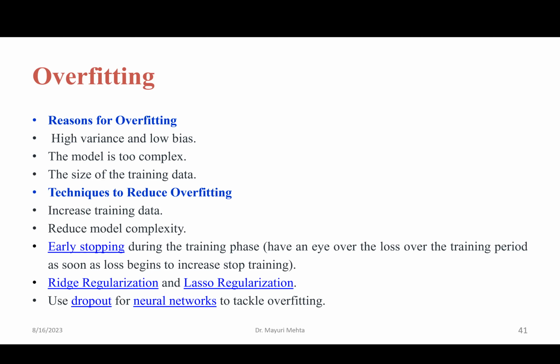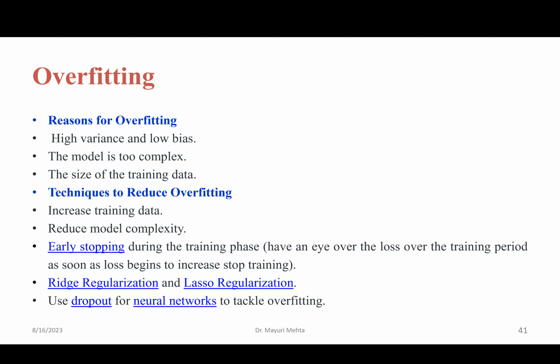So if the model is trained for too long, it will become more prone to overfitting due to the presence of noise and less useful details in the data. Thus, the performance of the model will decrease.